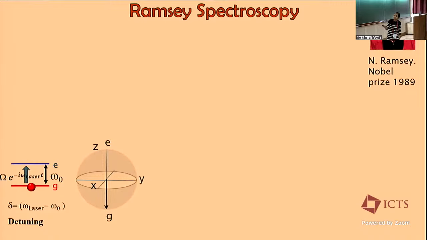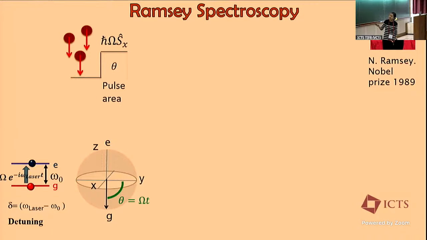So the idea is that we have the atoms in the ground state. We're going to illuminate them with a laser with some frequency that we want to match with the atomic transition frequency. For doing that, we first create a strong pulse of light, and what we do is drive a superposition between the ground and excited state.